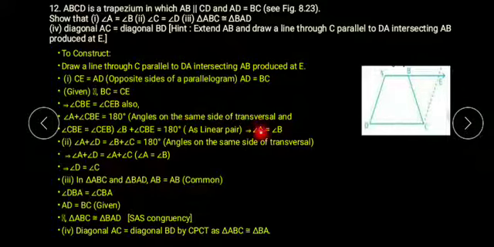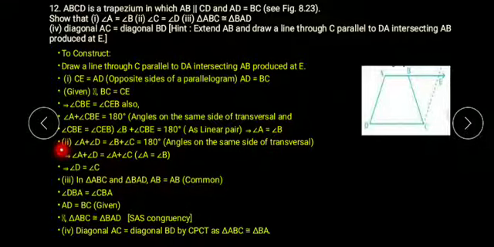So if I consider this line and this line, angle A plus CBE equal to 180 degree and angle B plus CBE equal to 180 degree. So if I subtract these two, what I will get, angle A is equal to angle B. So what we got as the deduction is angle A equal to angle B.